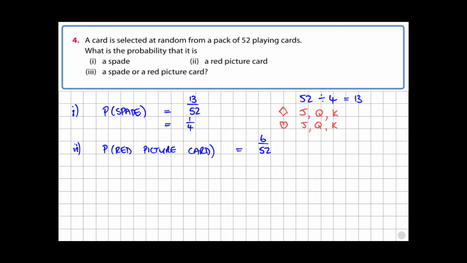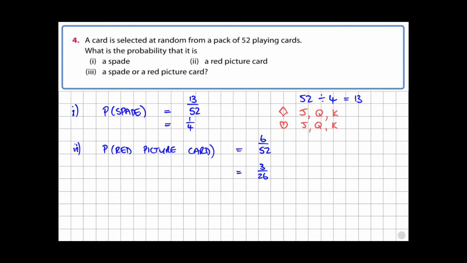And 6 out of 52 gives us 3 out of 26. All I did there was divide the top by 2 and I got 3, divide the bottom by 2 and I got 26.